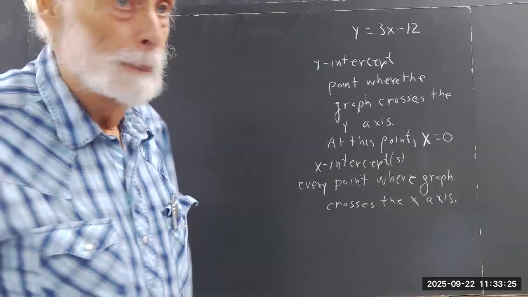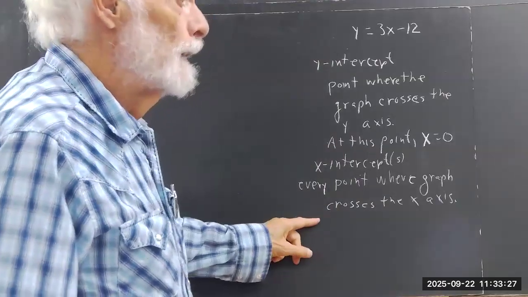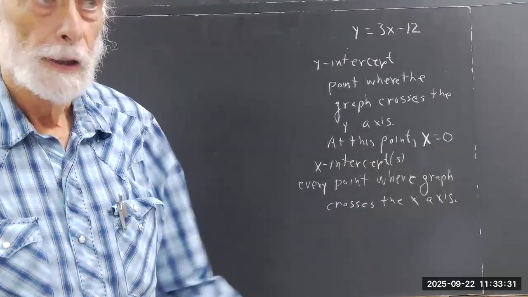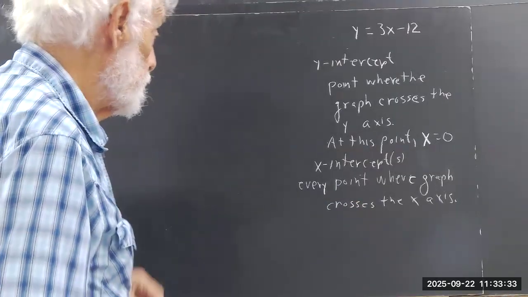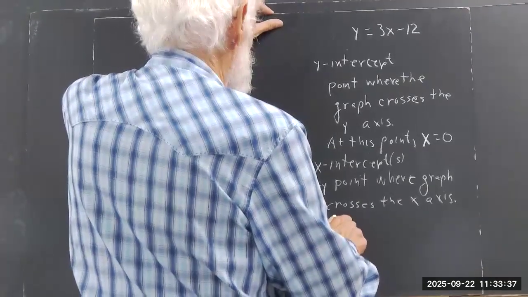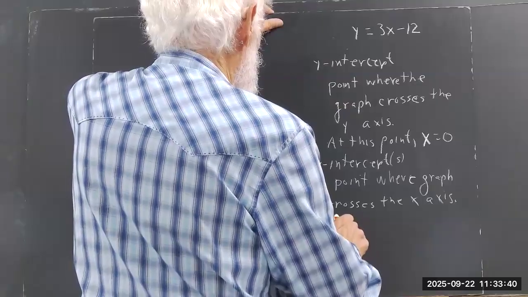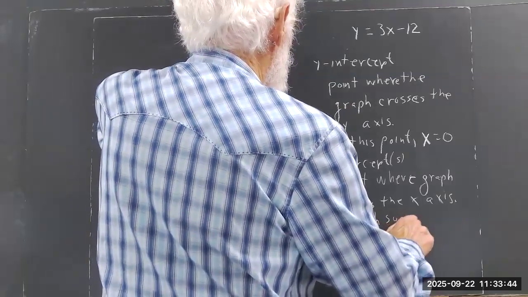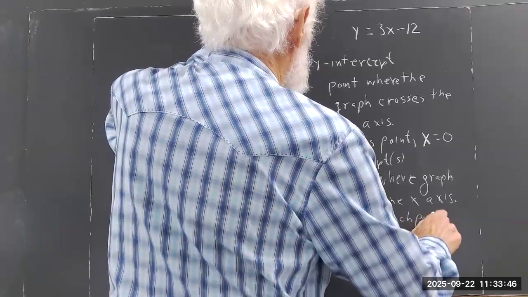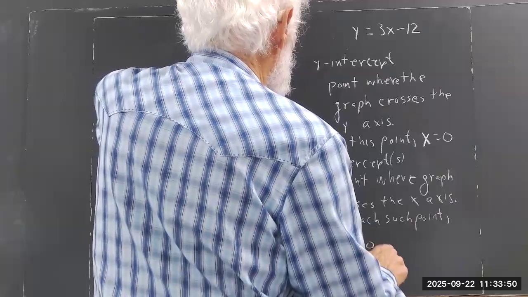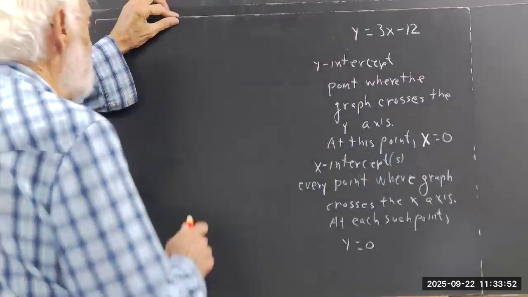But when you're dealing with functions, there are many functions where the graph can cross the x-axis a bunch of times. At each such point, y equals 0.